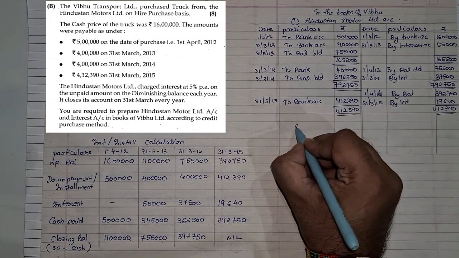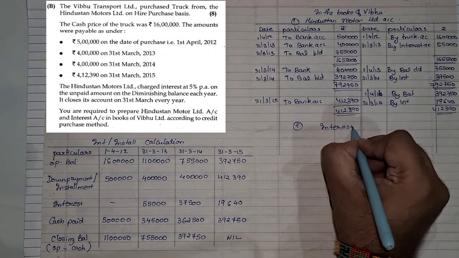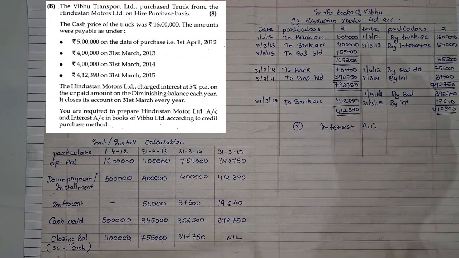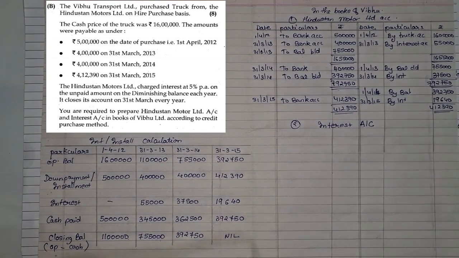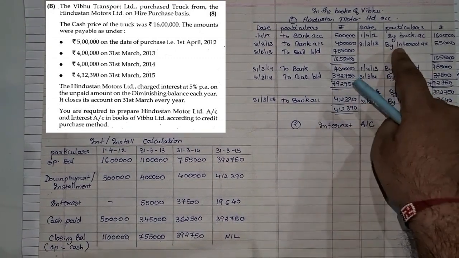That was the very first account. Next, they asked us to prepare interest account. So let's see now how we prepare interest account. Okay, I'll just extend these lines. Now interest is very simple. Wherever you can see interest, on the opposite side, this is by interest.